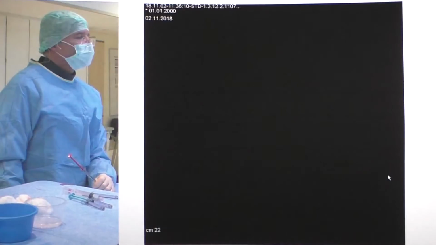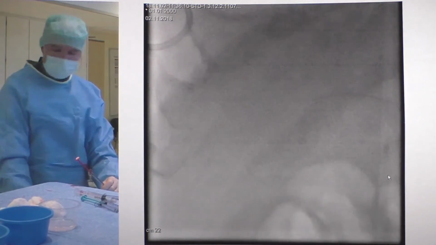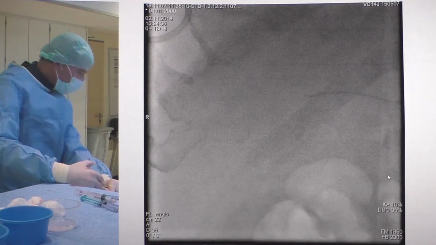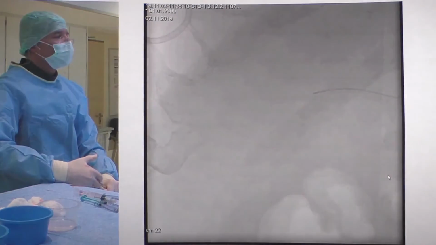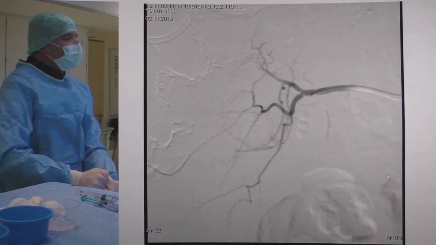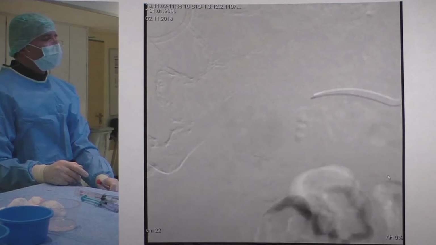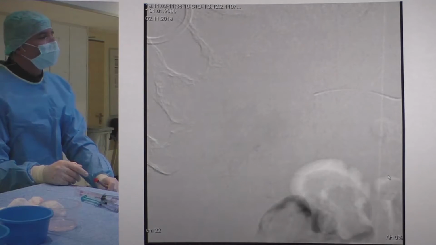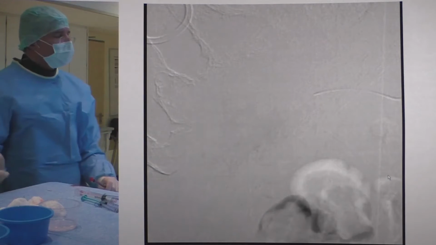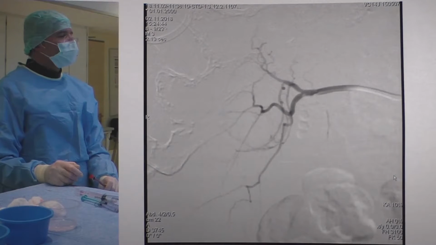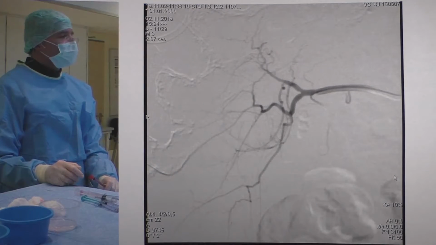Unfortunately, you have to create enough space for the application of contrast. Hold your breath. I'm going to take another series of images. And this gives you an idea where there is accumulation of contrast agents. So let's go through the series of pictures we've just taken.